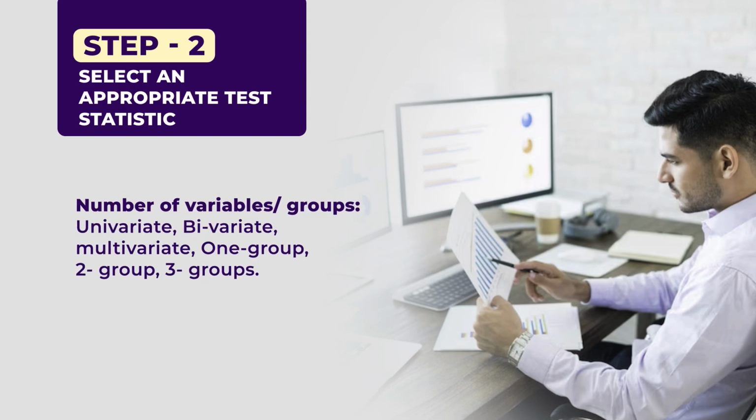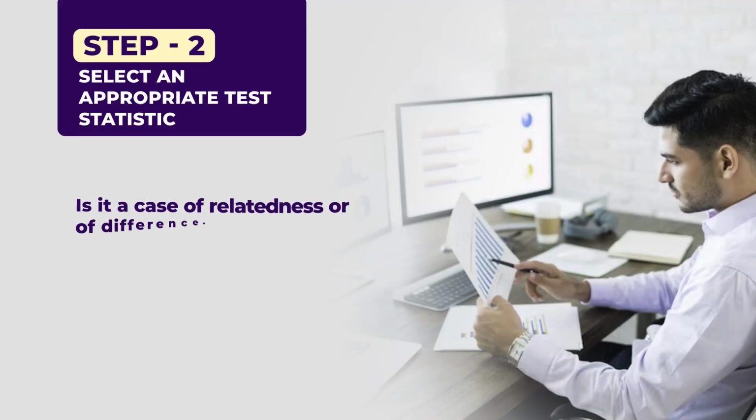Then the third factor we can consider is the number of variables. As per the number of variables, the test can be univariate, bivariate or multivariate. Similarly, we can use different tests based on the group: one group, or we have to compare two groups or more than two groups. Then we can consider one more factor: is it a case of relatedness or of difference?